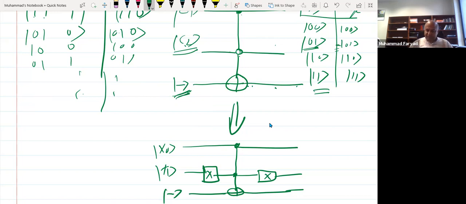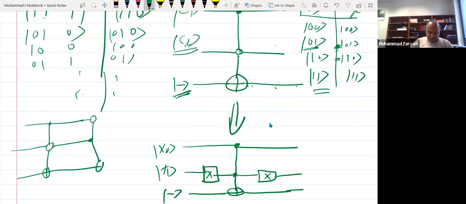So you can do it like this. For example, you want to mark this input and this input with a minus sign. So you first think of a circuit for marking this one, and then think of a circuit that marks this one, and then you combine them. For example, you can mark this single element using this circuit, and then you can mark the other element using this circuit.